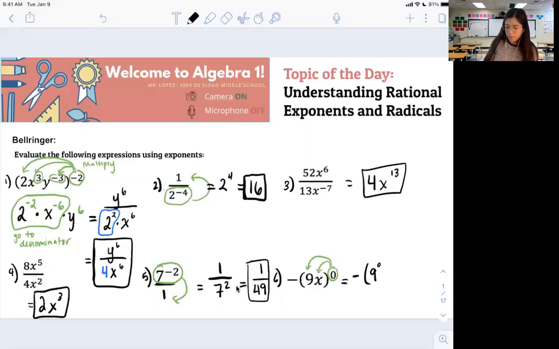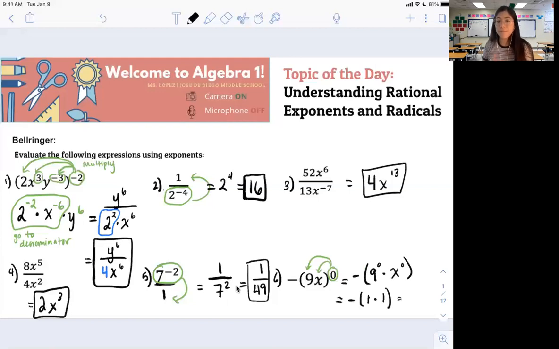And now I have 9 to the power of 0, and I have x to the power of 0. Like Daniela just said, anything to the power of 0 is just going to give me 1. But remember, that negative, we haven't touched it yet. So this is 1 times 1. 1 times 1 is 1.